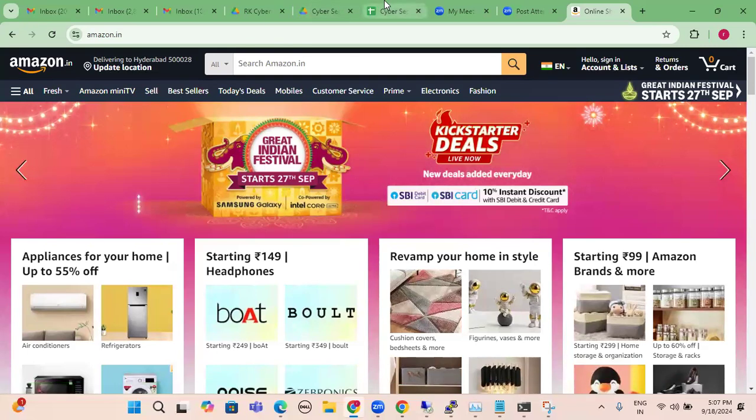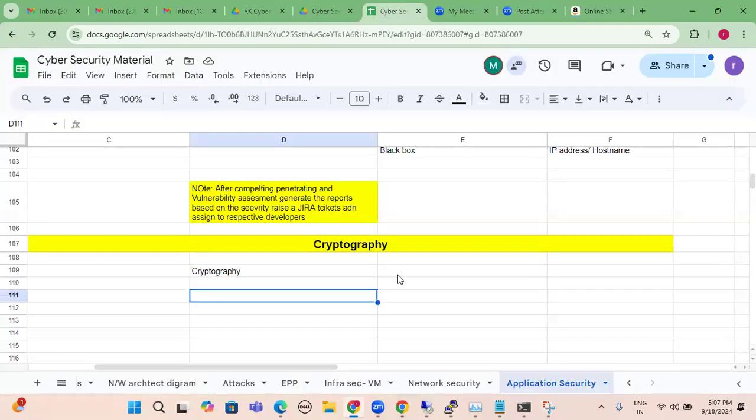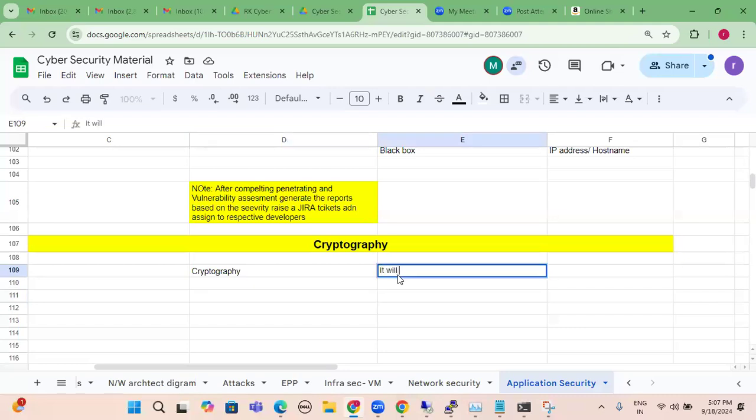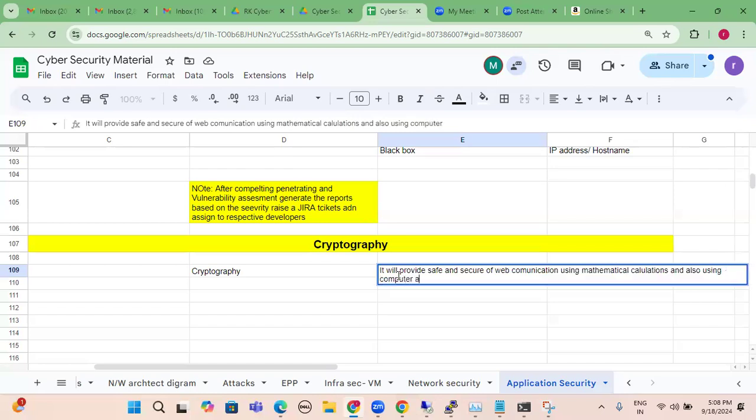So how can we define this now? It will provide a safe and secure way of web communication using mathematical calculations and also computer algorithms.